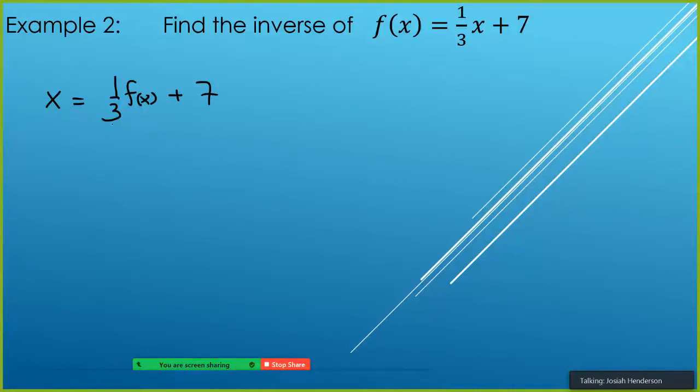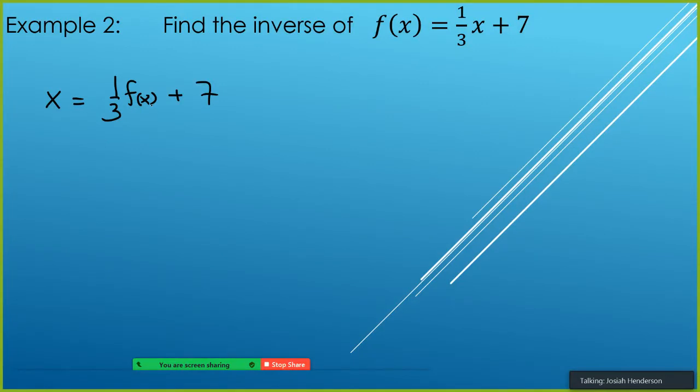What are the two things that you see happening to the f of x? Can anyone tell me two operations with numbers that are happening to the f of x? Something's being added to the f of x and something's being multiplied to the f of x.